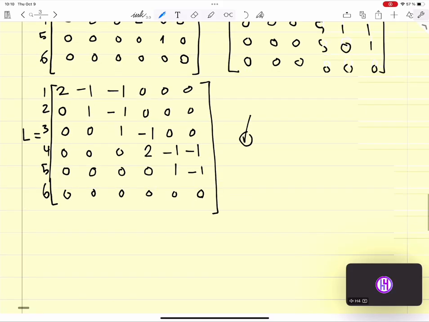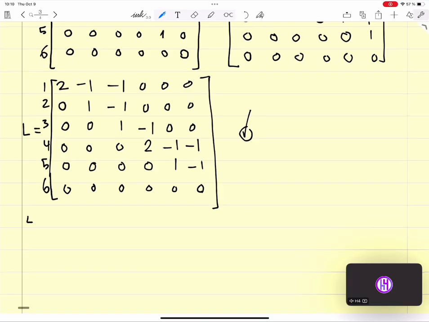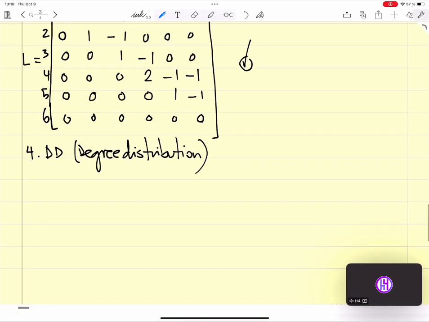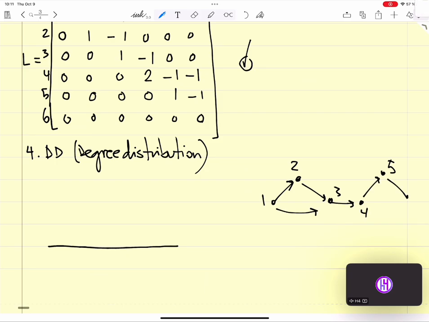The last thing that we see is the degree distribution. The degree distribution is just a statistical distribution of the degrees. So if we have here again the same network, 1, 2, 3, 4, 5, and 6, we ask how many nodes have how many neighbors.